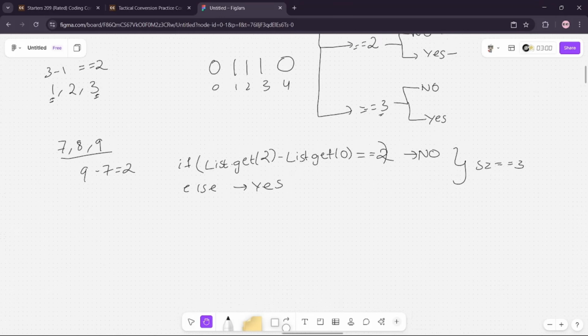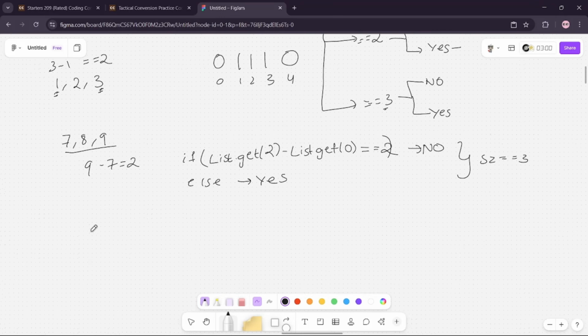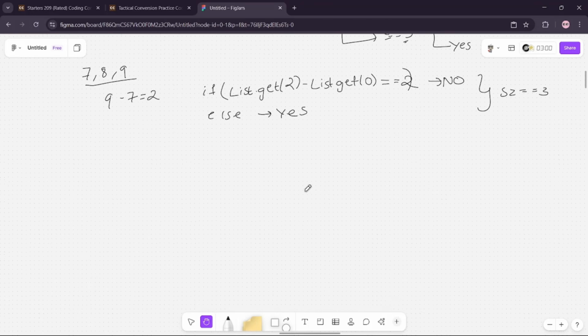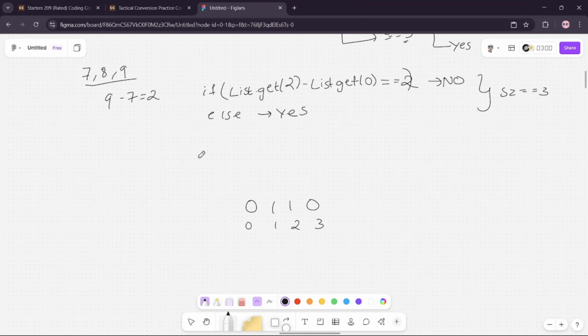Now, what if the size is double equal to 2? So let's say I have a string 0, 1, 1, and 0. The indexes are going to be 0, 1, 2, 3. So my list will contain two indexes and the size is going to be 2.